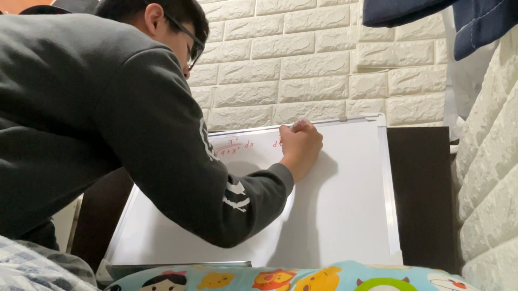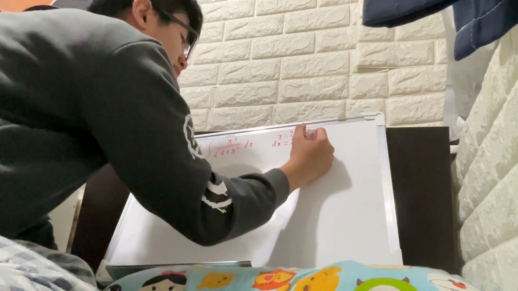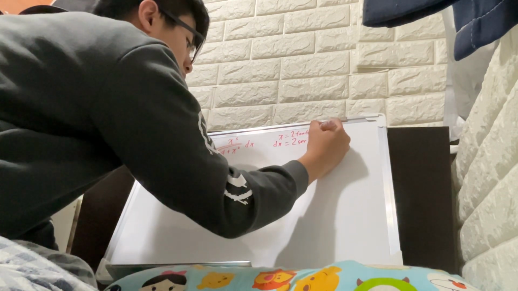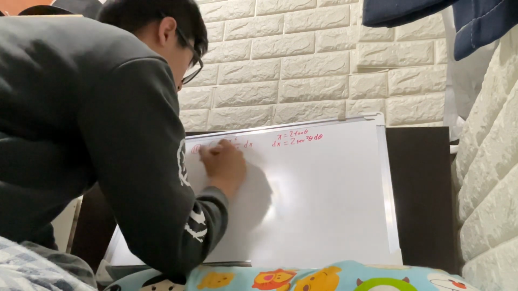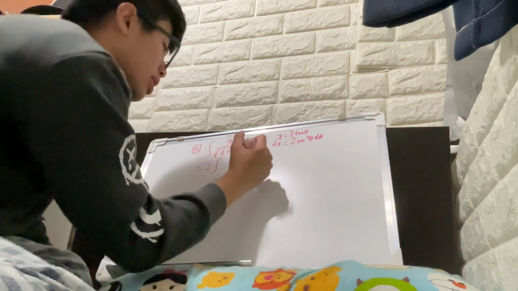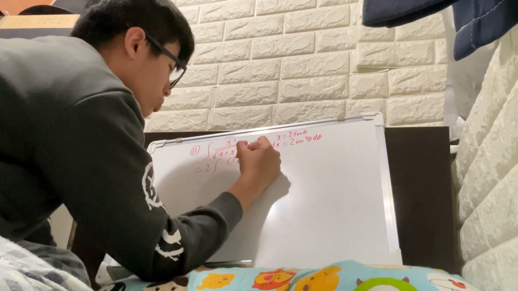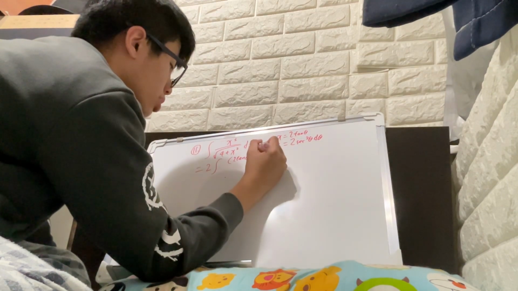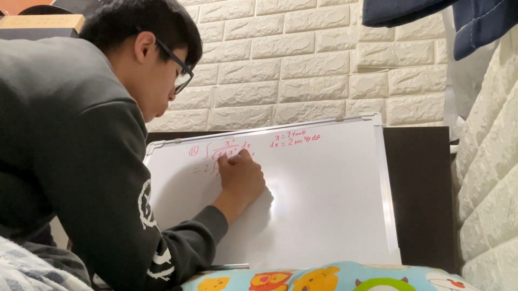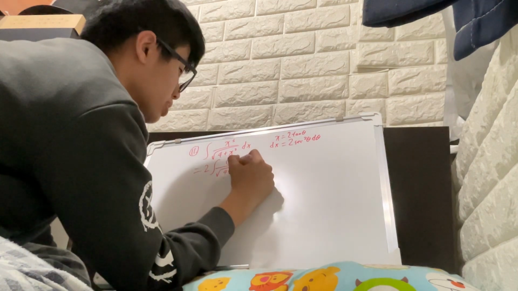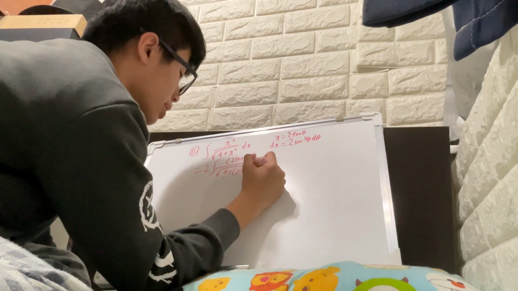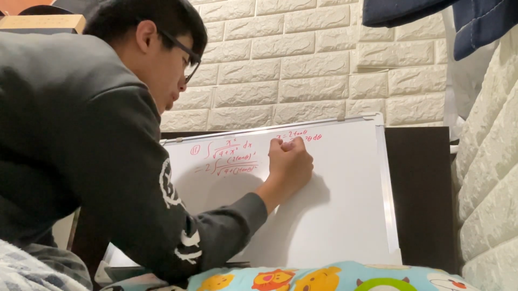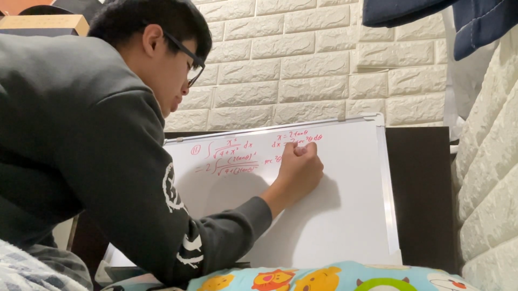So dx is equal to 2, the derivative of tangent theta, you get secant square theta d theta. So you can put that 2 outside the integral first. And then x is just 2 tangent theta cubed over square root of 4 plus 2 tangent theta squared, and then multiply by secant square theta d theta.